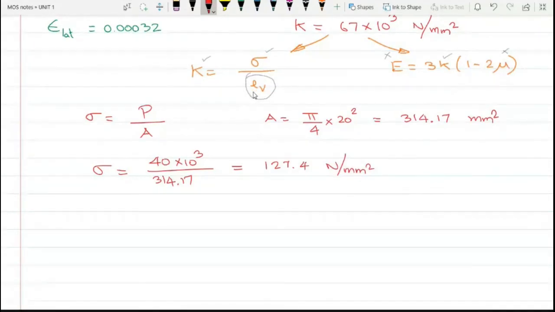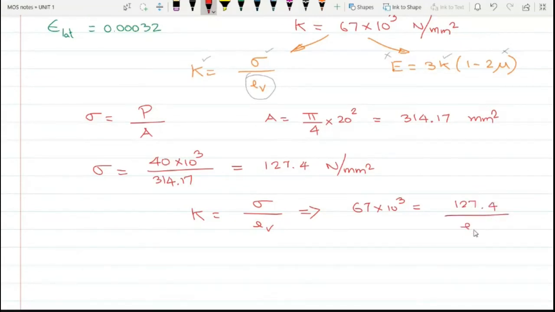Now I can identify EV. We know that K is equal to stress by EV, so 67 into 10 power 3 is equal to 127.4 divided by EV.